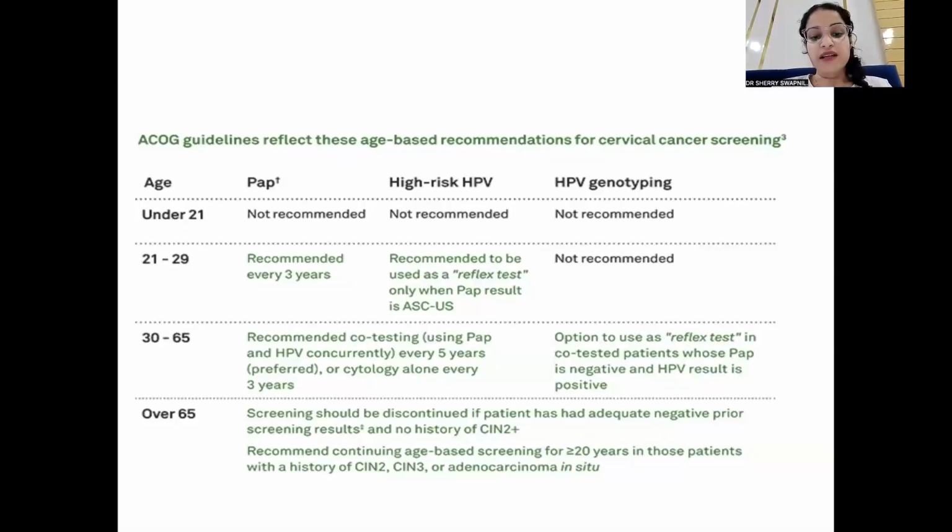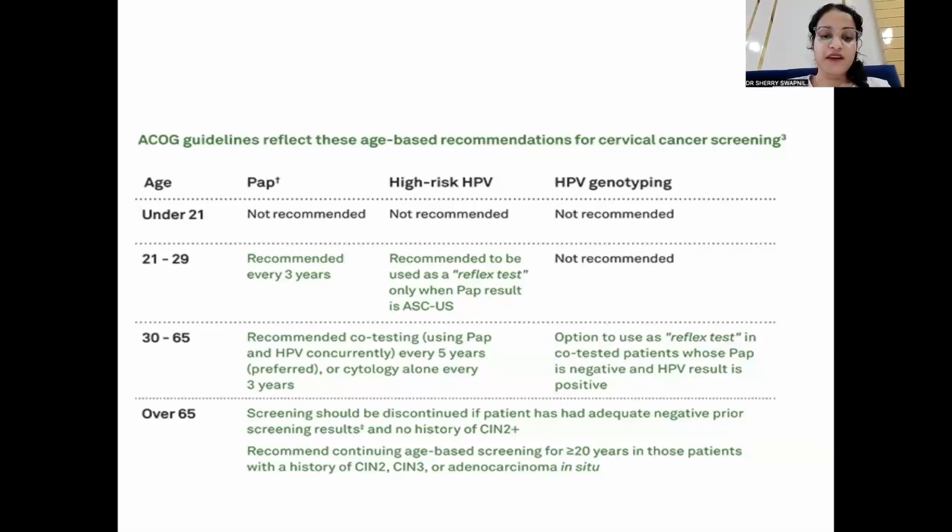If pap smear results are negative and nothing is detected, it's just routine screening, and HPV testing is not recommended. But if pap smear results show ASCUS, meaning any atypical or undetermined lesion, a precancerous condition, then we should go for HPV testing.